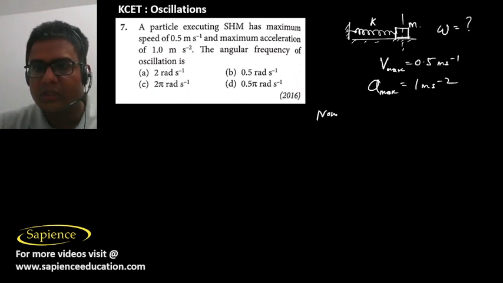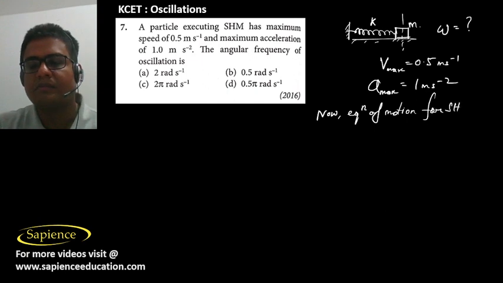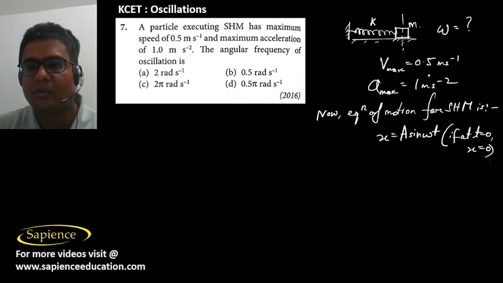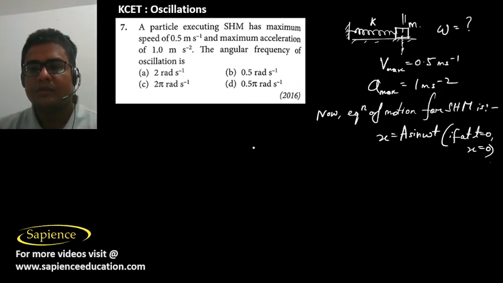Now we know that the equation of motion of the particle executing SHM is given as x equal to a sine omega t, if we assume that at t equal to 0 it was at x equal to 0, initially in the equilibrium position.